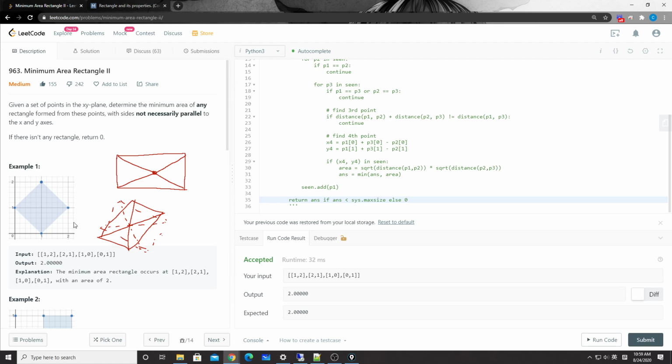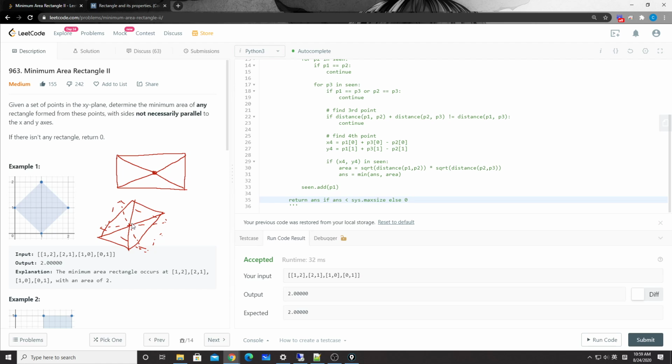Basically we have this list of points, so each 2 points can essentially form a diagonal. That's why we're going to loop through all the combinations of 2 points, and with each 2 points, we can find the length of the diagonal.